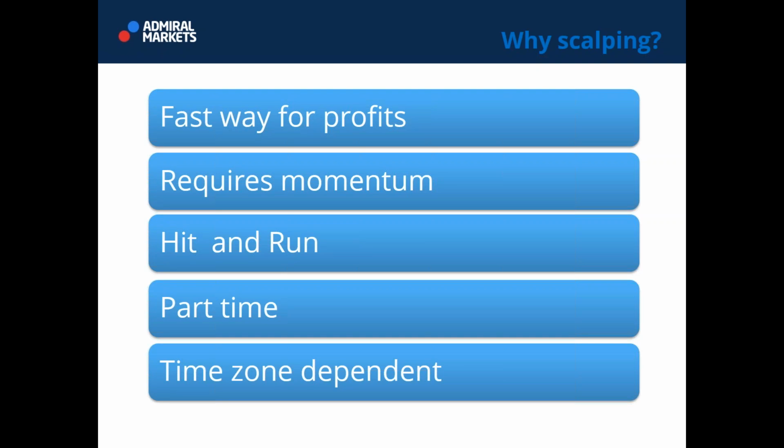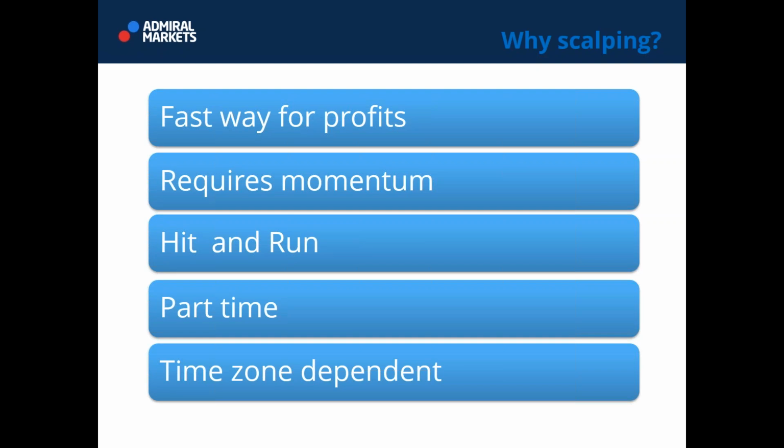And I have identified the problem. The problem is momentum. When you scalp, you need momentum, guys. Believe me, that is the fact. If you don't have momentum, then you will probably be trapped in a ranging market, and that ranging market will probably give you more stop losses than target prices.